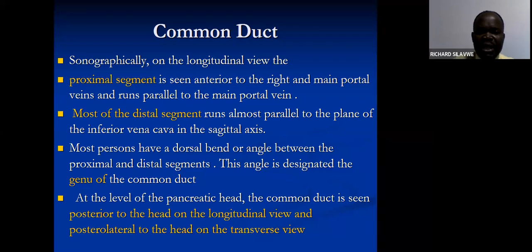Most patients have a dorsal bend or angle between the proximal and distal segment. This angle is designated the genu of the common duct. I'm going to show you in the next slide what we are talking about. At the level of the pancreatic head, the common duct is seen posterior to the head on the longitudinal view and posterolateral to the head on the transverse view.